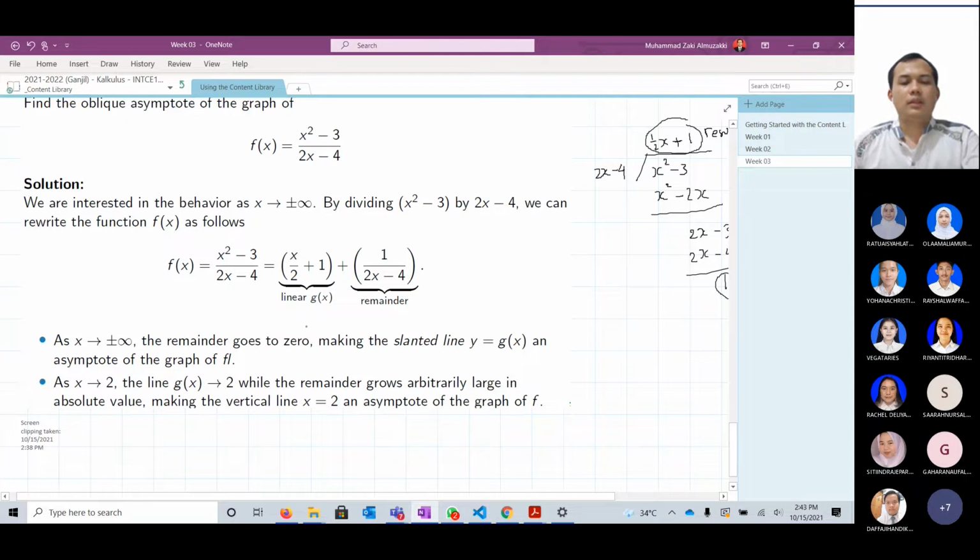We know that the remainder goes to 0 when x goes to positive or negative infinity.